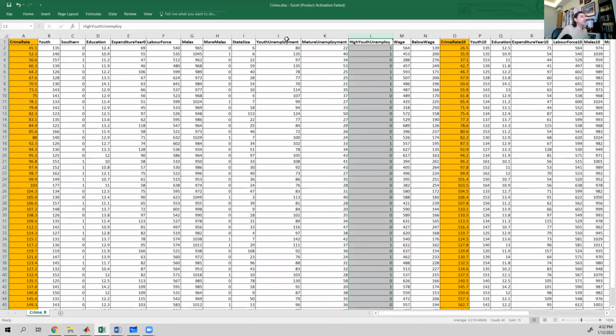When it comes to youth unemployment, you can say that I'm going to divide the youth unemployment into 2, dividing at 100. So those below 100 and those above 100. Those below 100 correspond to group 1.